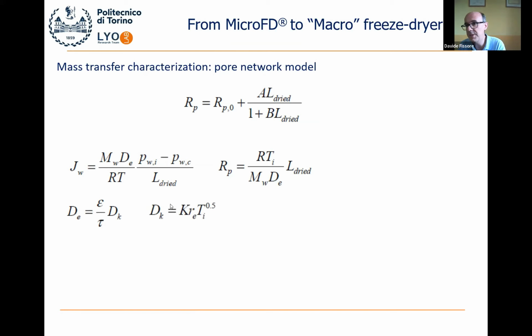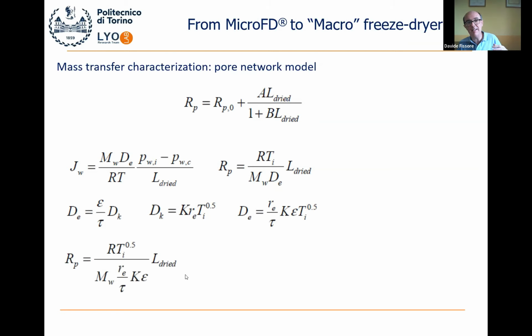And the Knudsen diffusivity is a function of the mean pore size, RE, and of temperature to the power of 0.5. So if we replace DK into the equation expressing the effective diffusivity, we get this. And then we replace this into the previous equation expressing RP, and we get this complex, quite strange equation.